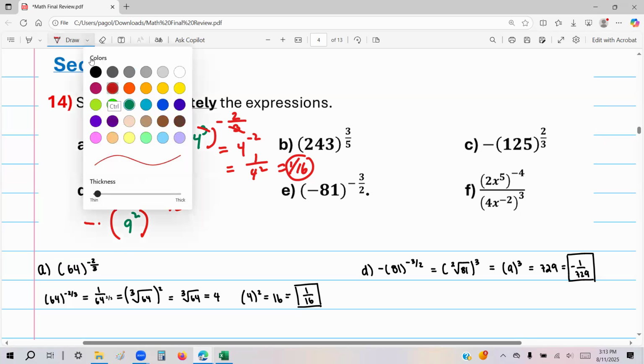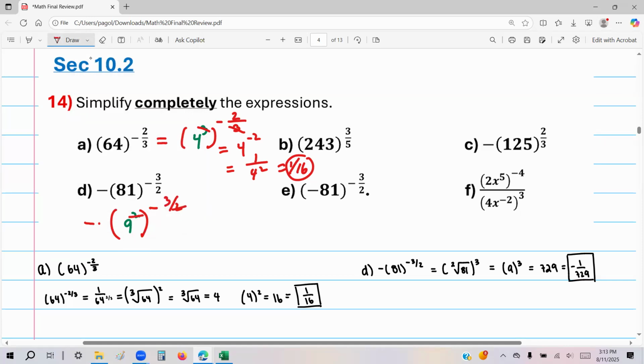And we are allowed to do so because this negative is a multiplication. So the square and 2 cancel out. You get negative 9 to the power negative 3. So negative times 9 to the negative 3. So negative 1 over 9 to the positive 3.